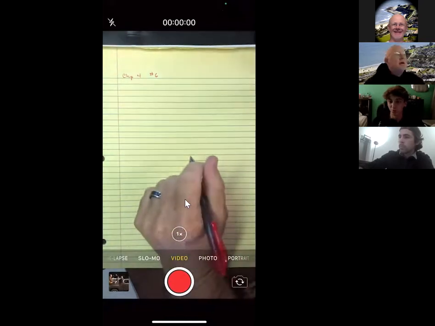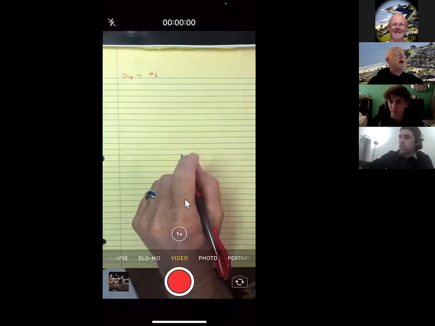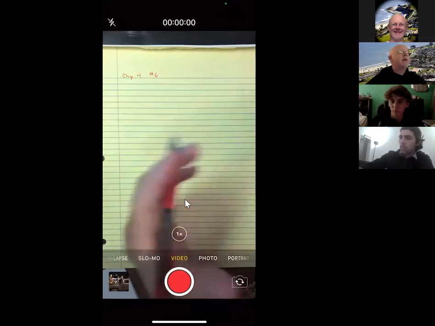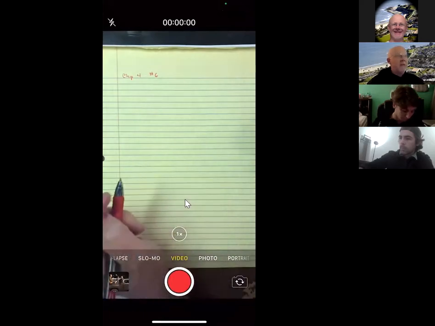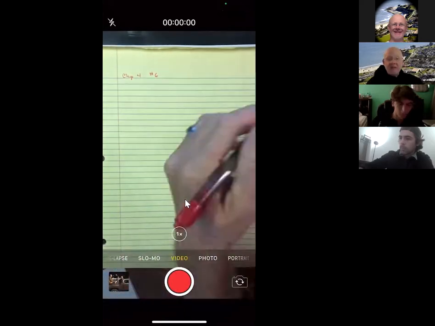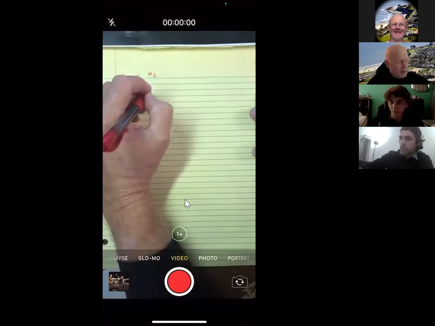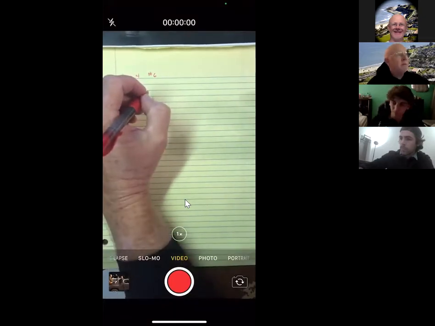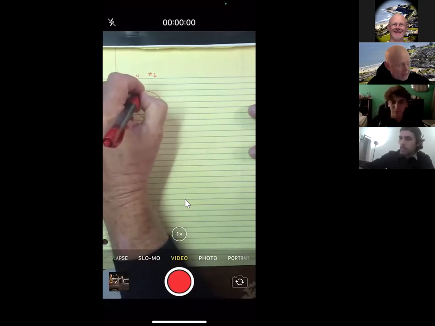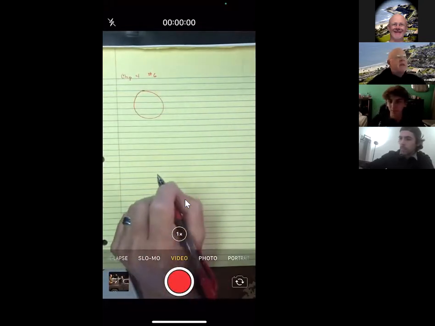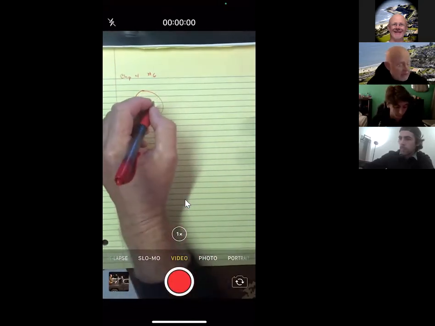When it says a child rides on a carousel, what is the direction of each of the following? The first one says the velocity. Which one did you say was your problem? B. Okay, so I'll do A quickly, but B, C, and D all tie together in the same way, and that's how I want to present it.